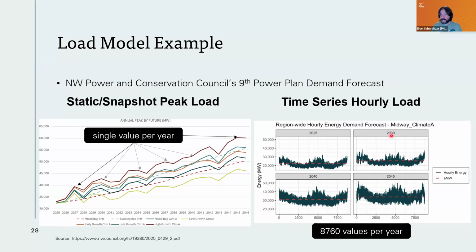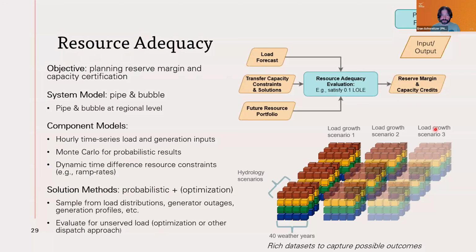On the right-hand side, we have time series or hourly load. So you see that for various years, there is a value for each hour of the year, so 8760 hours per year. And in fact, you can see here that there is a particular scenario called out. So there's even a little bit of a probabilistic scenario analysis dimension to this that is not shown in this slide.